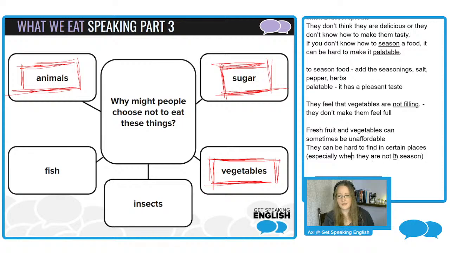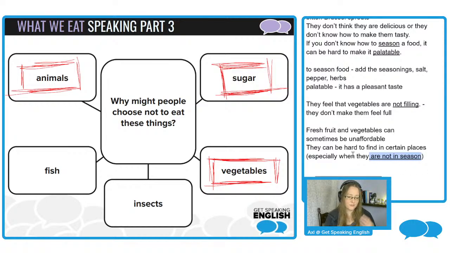Yeah. If a vegetable or a fruit is in season, that means that it's being produced during the natural time of the year when it would normally grow. So here, for example, fruits and vegetables only grow during summer, right? Because during the winter you can't grow anything because it's too cold and there's snow, right?